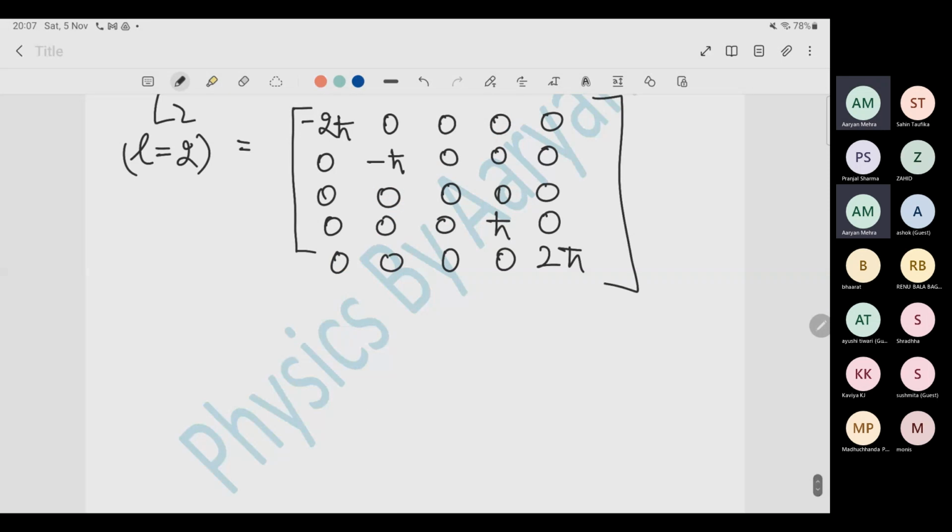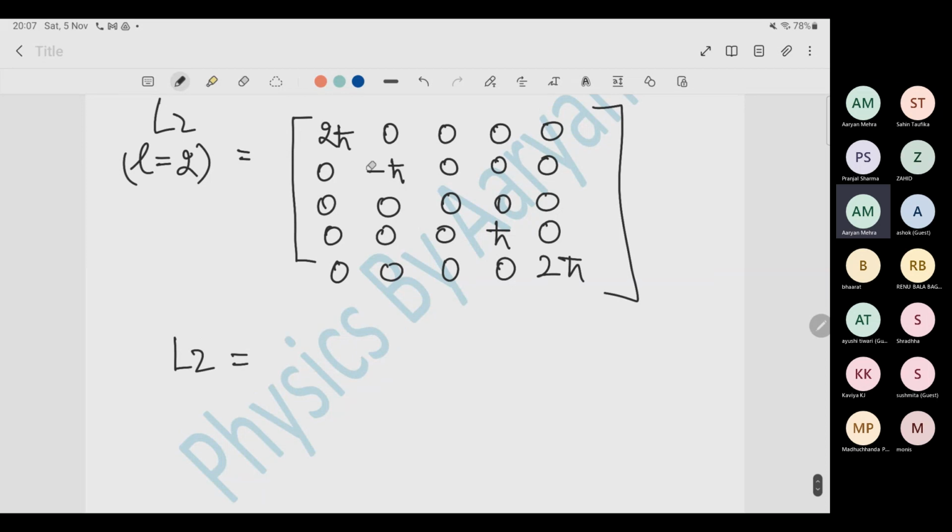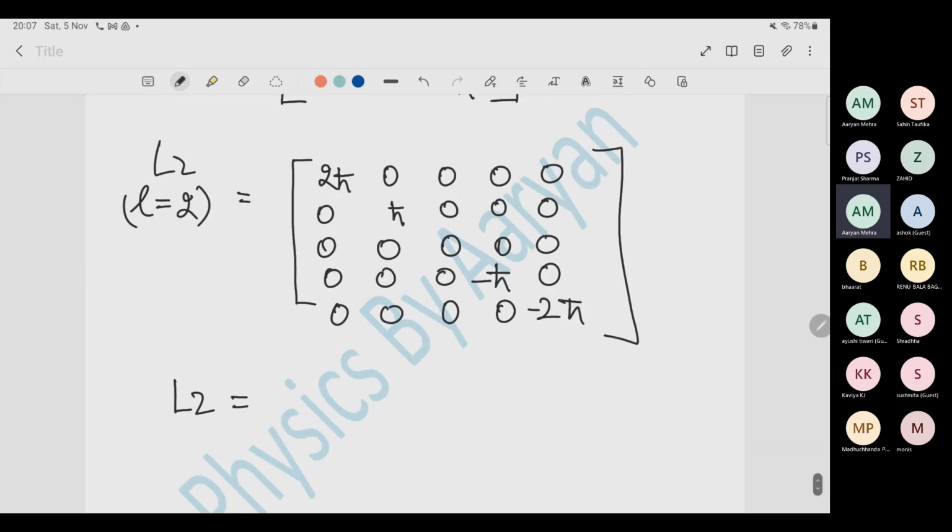Very simple. Now let's say in the exam the Lz matrix is given, you find it with my technique, but in the option it is this. Let me copy this. So the option is this. Is this right or wrong?